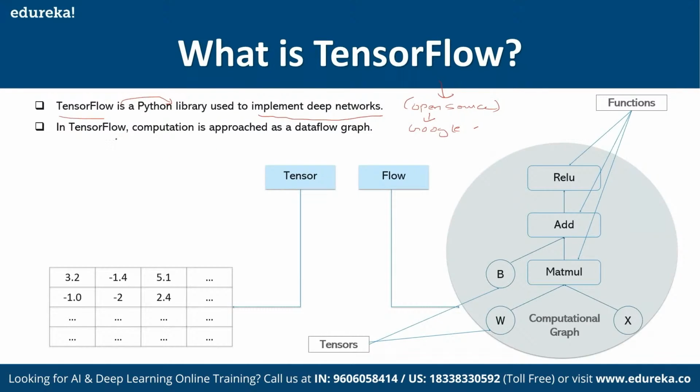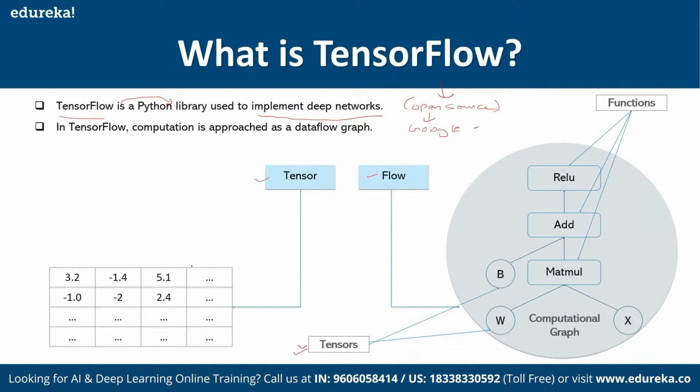So the word TensorFlow comes from two words, tensor and flow. The approach of making TensorFlow was a data flow graphical approach, a computational graph, in which all the mathematics is conducted by something known as tensors.